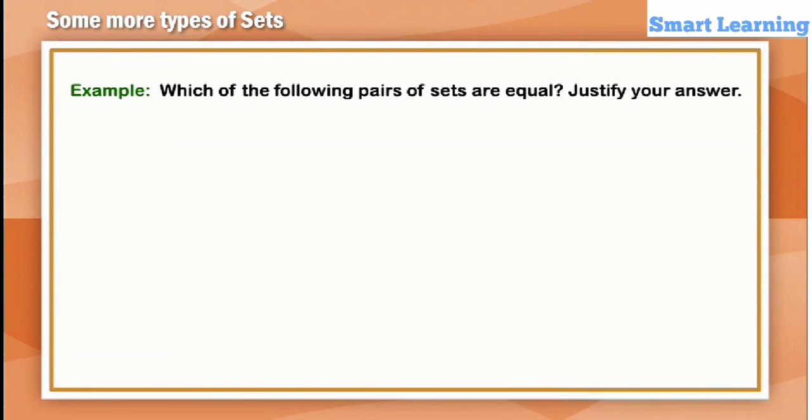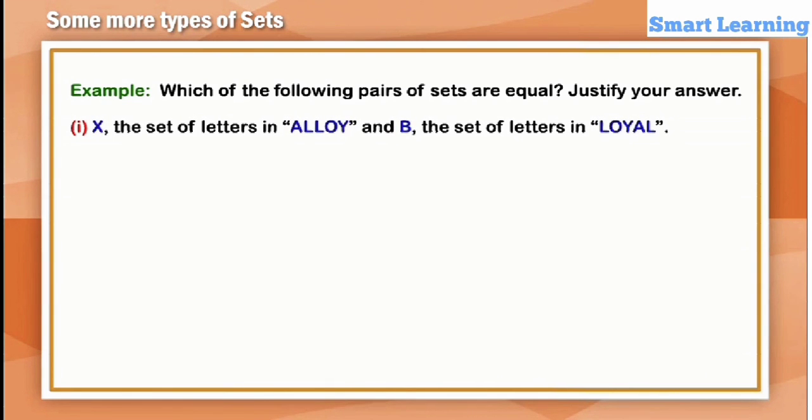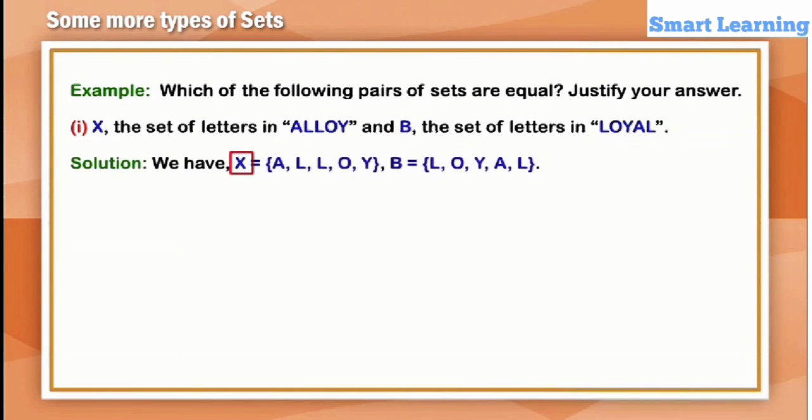Now let us do an example. Which of the following pairs of sets are equal? Justify your answer. 1. A, the set of letters in ALLOY, and B, the set of letters in LOYAL. We have A is equal to {A, L, L, O, Y} and B is equal to {L, O, Y, A, L}.